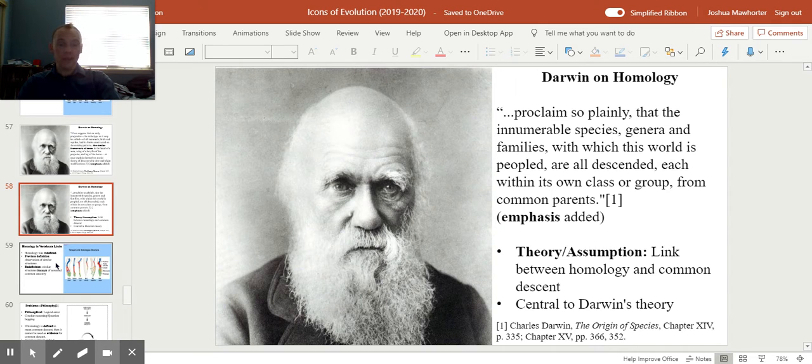vertebrate limbs. The theory or the assumption is that there's a link between homology, or these similar structures, and common descent. The problem with that, logically, number one, is that it's a non sequitur. It doesn't necessarily follow that because two things are similar in their structure that they had a common point of origin, at least as far as they came from a distant ancestor that was the same.